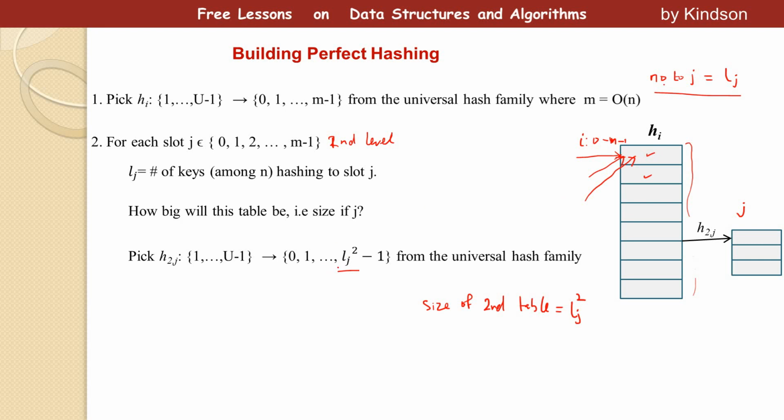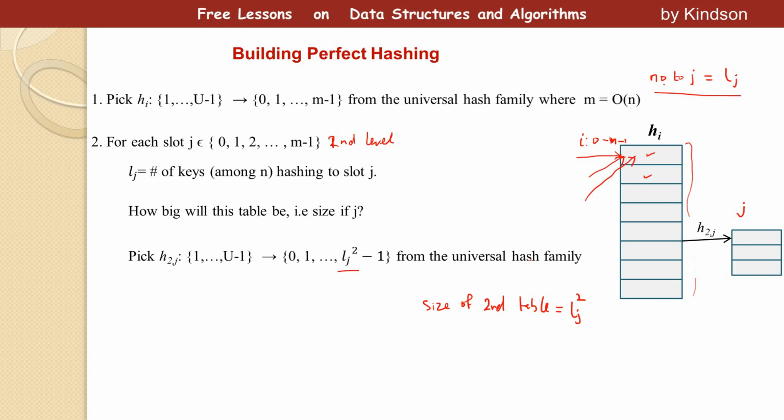So lj is the number of keys that hash into slot j, right? Then we are building a table of size 0 to lj squared minus 1. Maybe I'll try to make another presentation to clarify this.